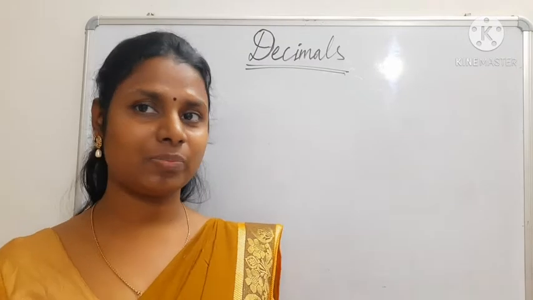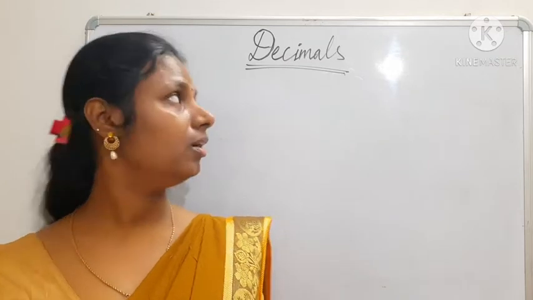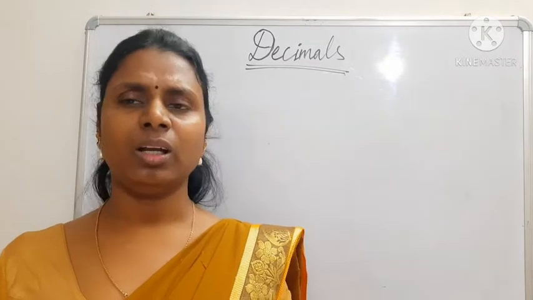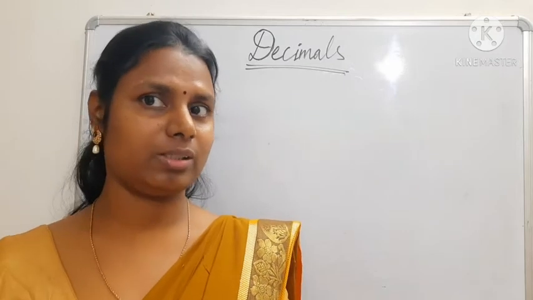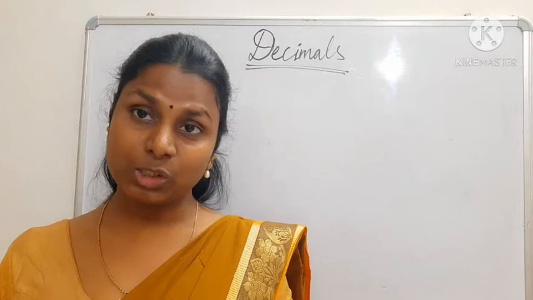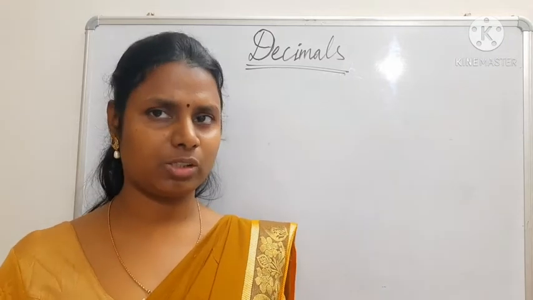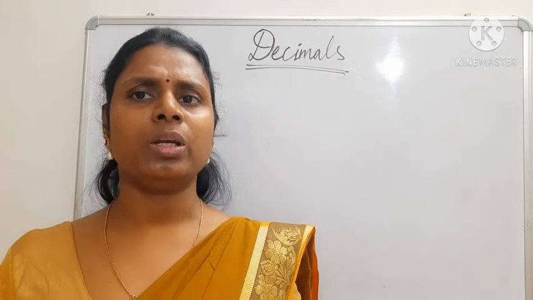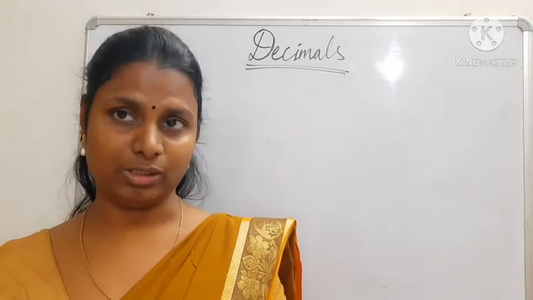Hi students, today let us see what is decimals. Before learning what is decimals, first let us know about decimal fraction, because we have already learned about fractions. Now what is a decimal fraction?